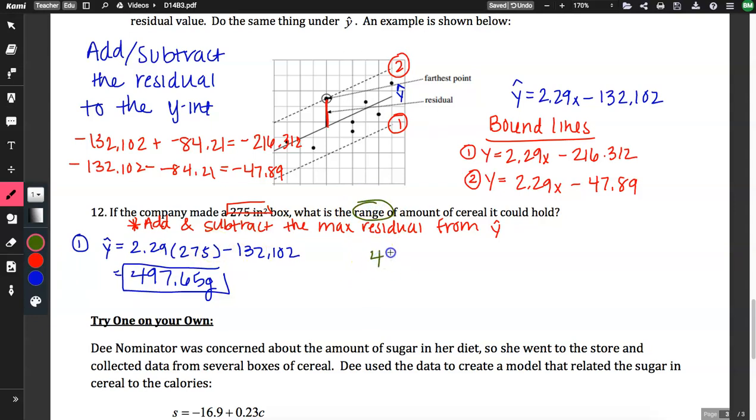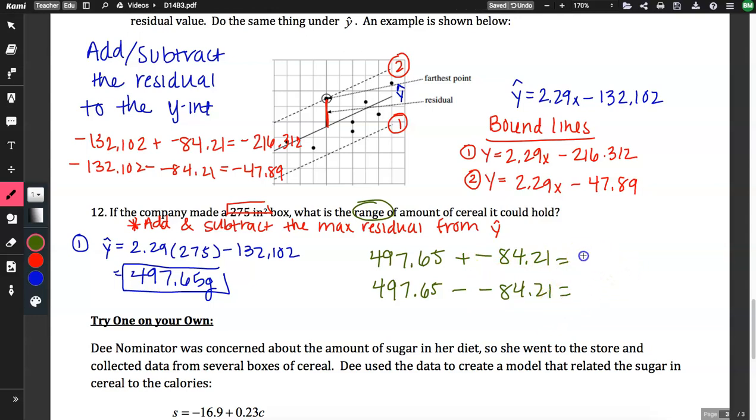Now to actually figure out the range, I'm going to do two problems. I'm going to take that predicted value, 497.65, and add, and then I set it up again and subtract our negative 84.21. This is our max residual. I like to just set up both because it's easier. Then I solve both of them.